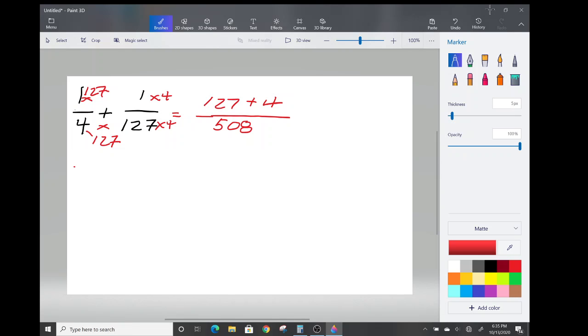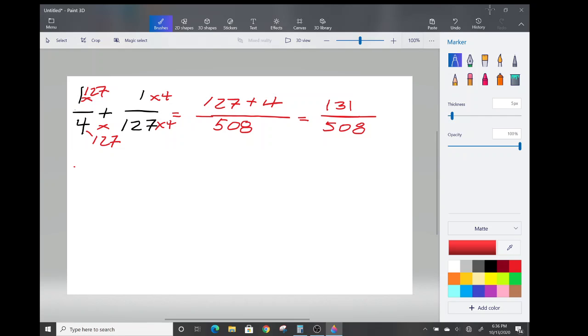All right, so 4 plus 127 is 131. Double check my math. Better double check me with that calculator. 4 and 7 is 11, and we'll carry the 1. So that's 131 over 508.